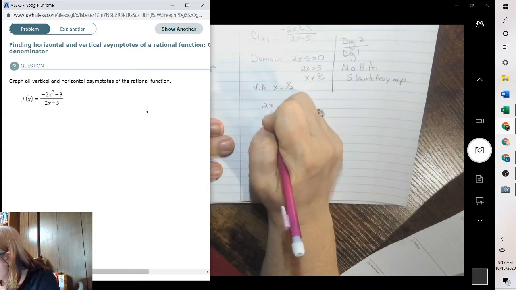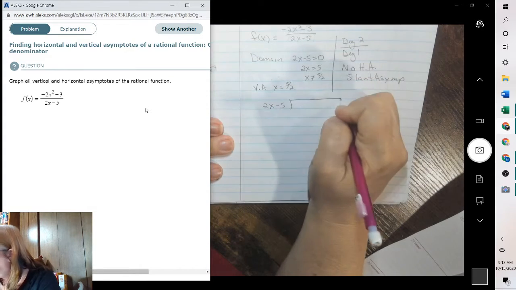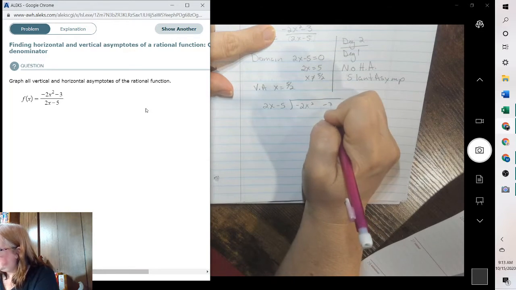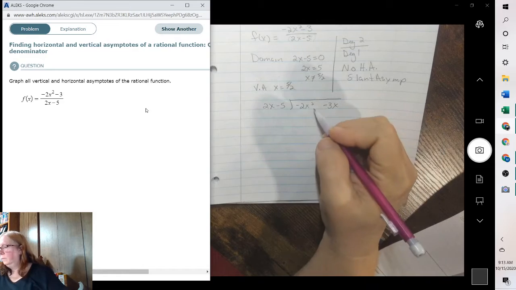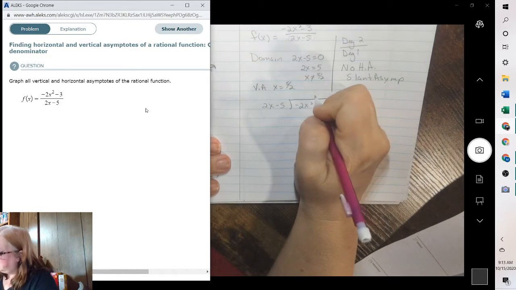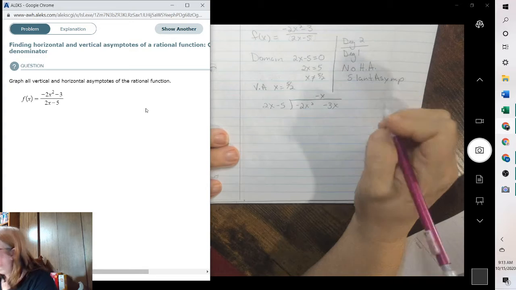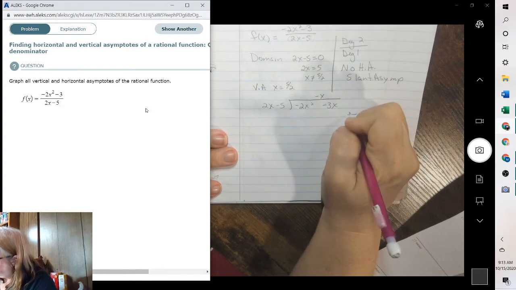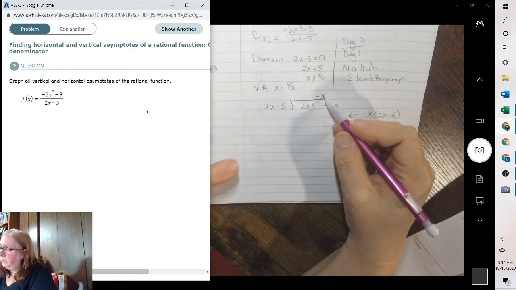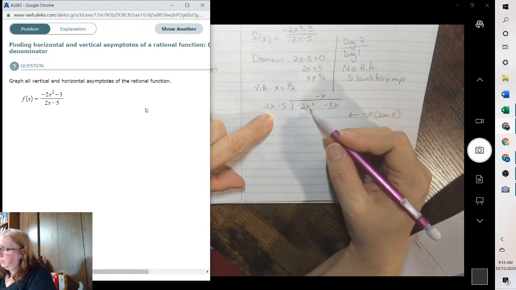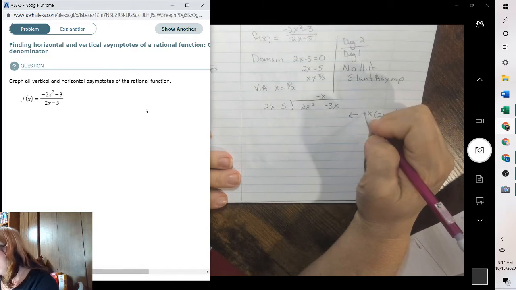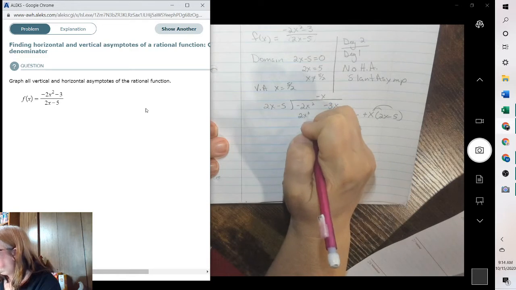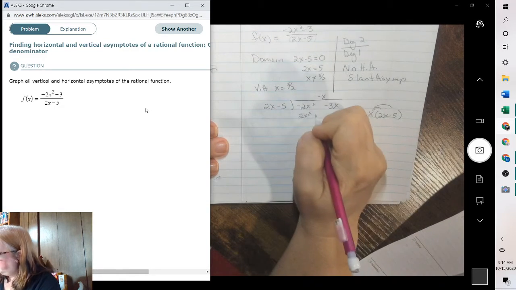So we would take 2x minus 5 and divide that into negative 2x squared minus 3x. We need a negative x. So we need to multiply negative x to get a negative 2x squared. But we're subtracting, so we're going to change this sign and then distribute. So we'd have 2x squared minus 5x.